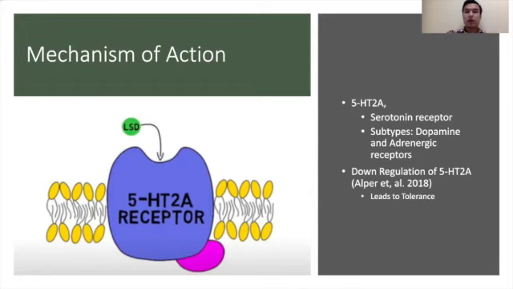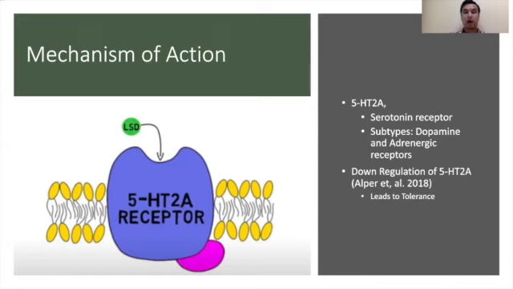And LSD also interacts with other receptors, although the role of these receptors in the effects of LSD is less clear. For example, LSD binds to other serotonin receptor subtypes, as well as subtypes of dopamine and adrenergic receptors. We still don't have that much knowledge as to the mechanism of how LSD works, but this is probably the most understanding that we have.